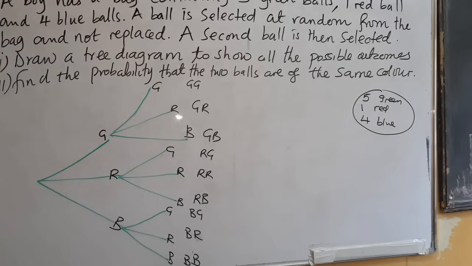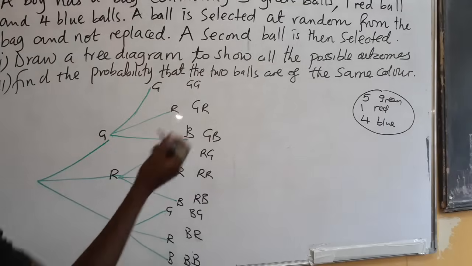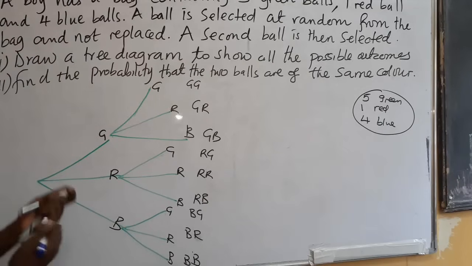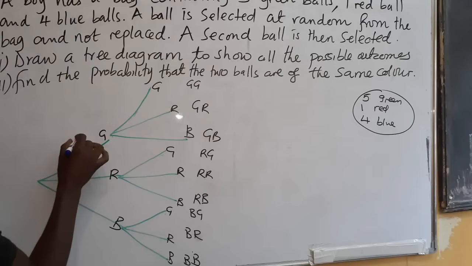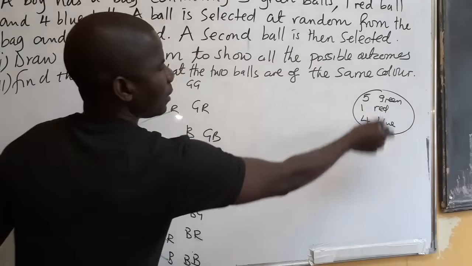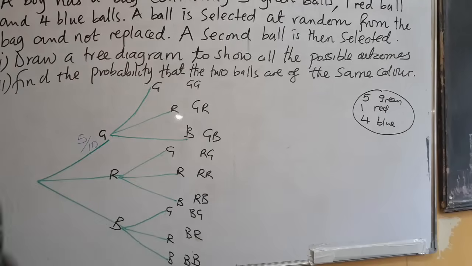Okay. Then the first one, the green, how many are they? They're 5. So the first one is going to be 5 over, what is the total? The total here is 10. So 5 over 10.